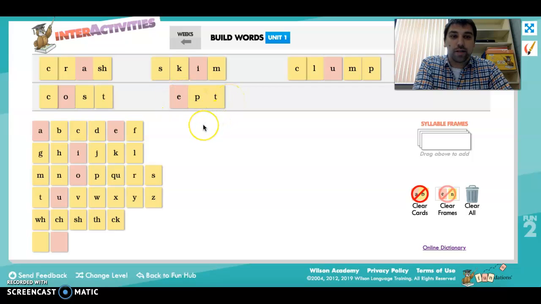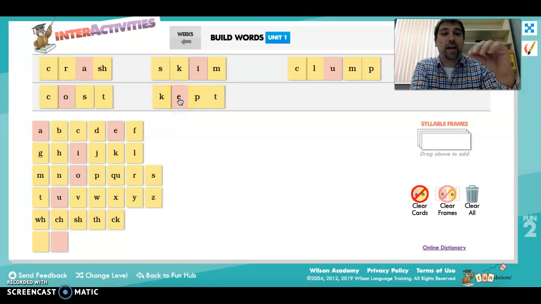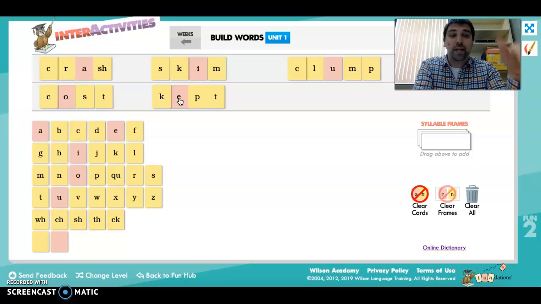What do you think it is? If you said it's a K, you are correct because right after the K comes an E. And remember, the K is only there if an E or an I follows, okay? So these two have a K. All the rest are going to have C's because they are not followed by an E or an I, right?